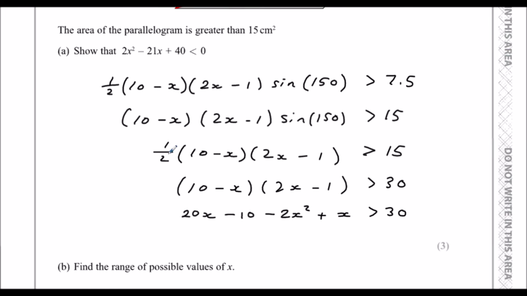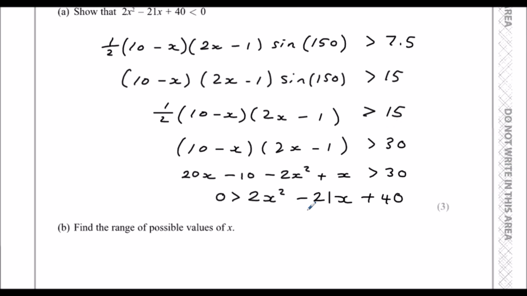So now we just need to get this all on the same side, and we're going to move it all over to the right side to make our x squared term positive. So we've got 2x squared, minus 21x, and plus 40.